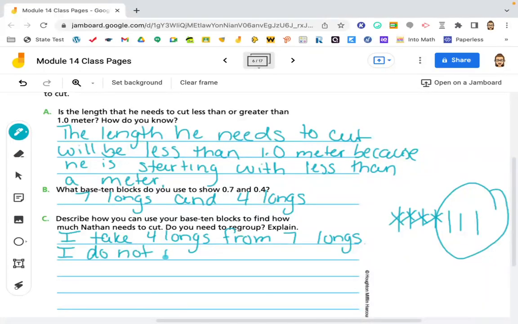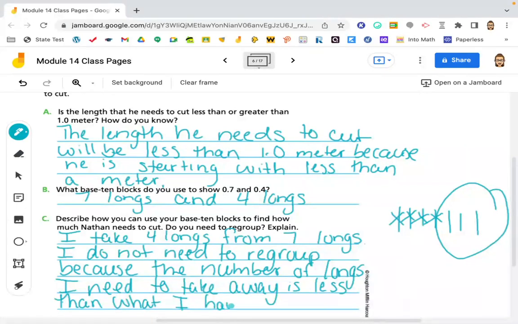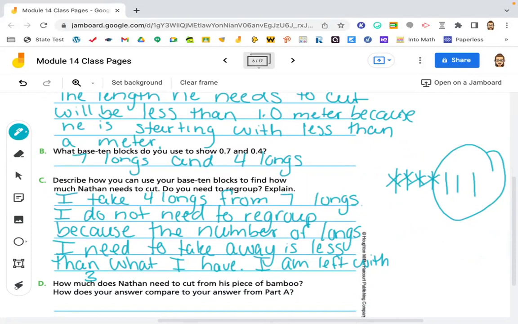I do not need to regroup because the number of longs I need to take away is less than what I have. I am left with 3 longs.